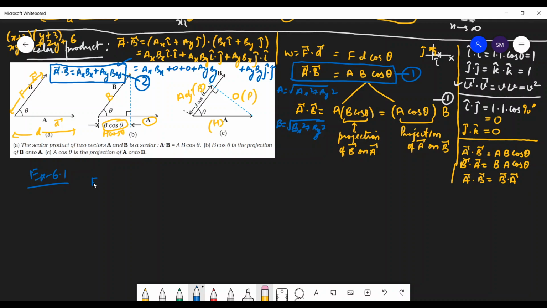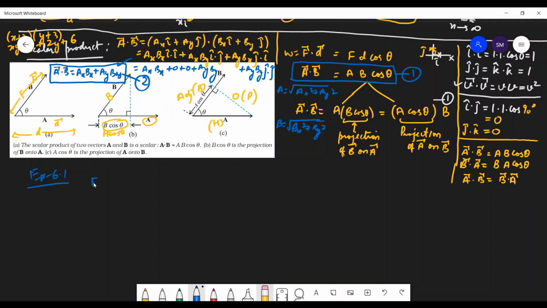And the second thing, you need to find the projection of F on D. So the projection of F on D will be, draw a perpendicular from F, and this is the projection of F on D. So this is the base or the adjacent side to theta, and that is equal to hypotenuse cos theta. So this is F cos theta. This you need to find out.